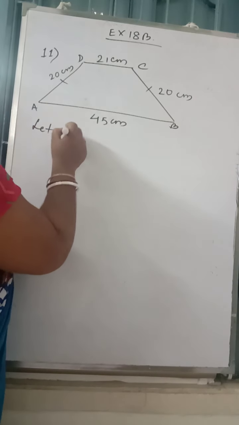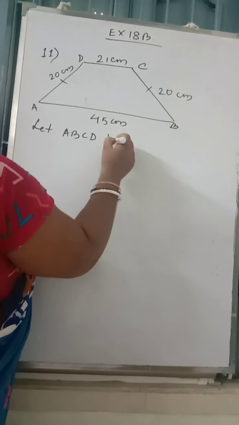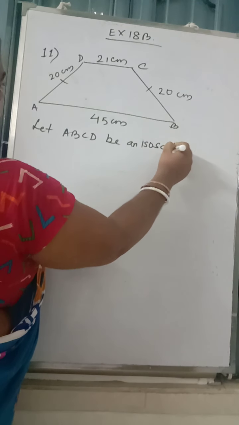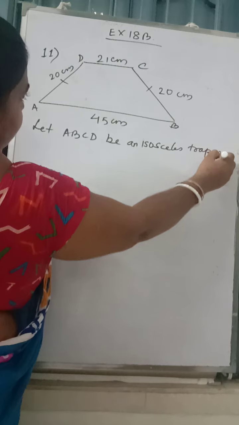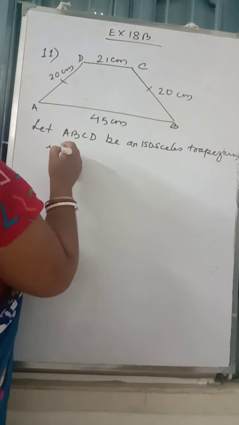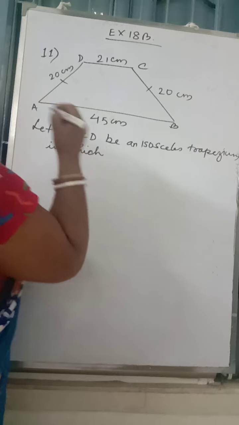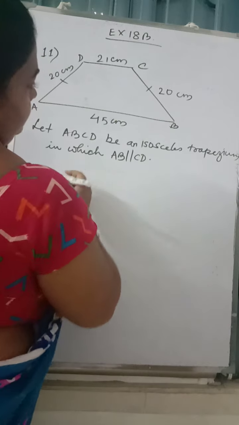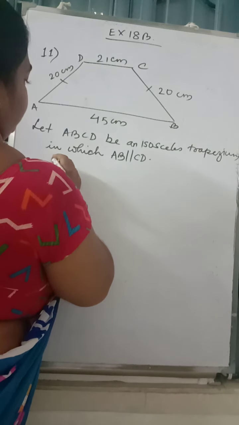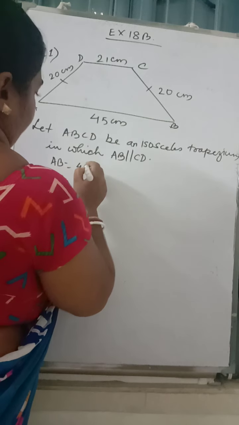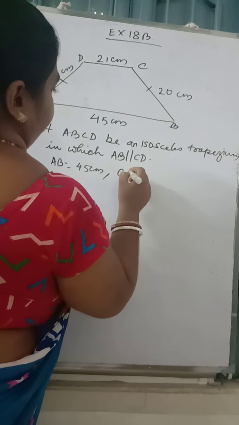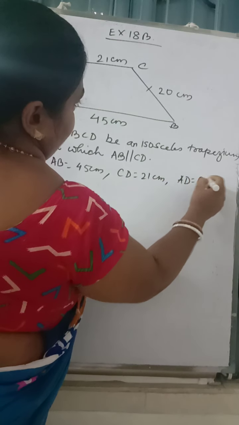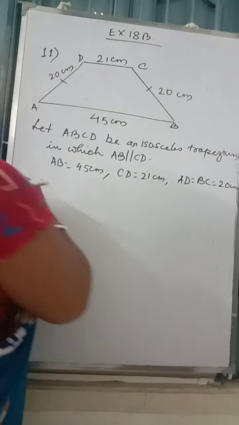Let ABCD be an isosceles trapezium in which AB is parallel to CD, and given AB is equal to 45 centimeter, CD is equal to 21 centimeter and AD is equal to BC is equal to 20 centimeter.